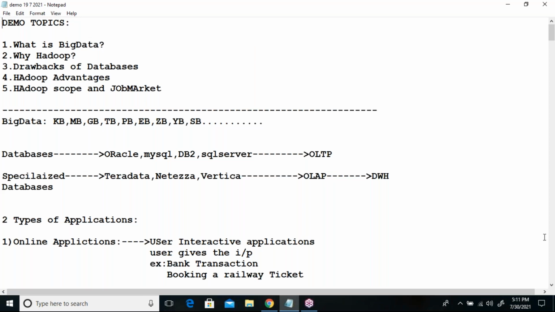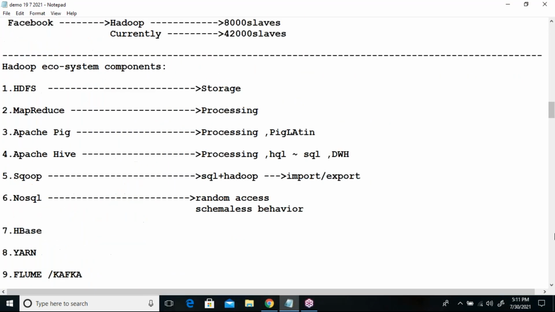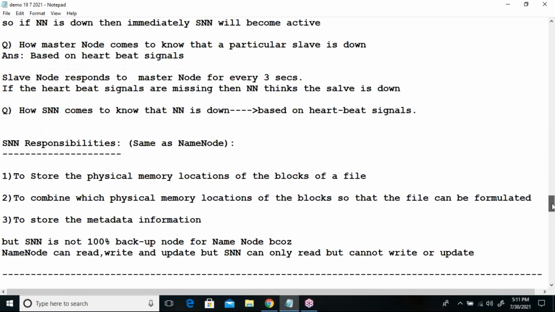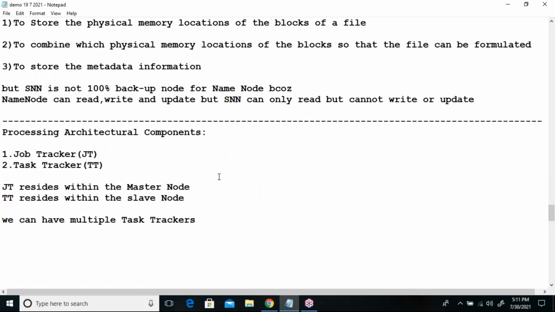Good evening everyone. In the last class I was discussing Hadoop architecture, storage and processing. For the processing architectural components, we have got job tracker and task tracker. Job tracker resides within the master node, task tracker within the slave node. We can have multiple task trackers.